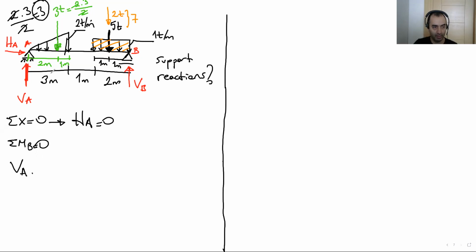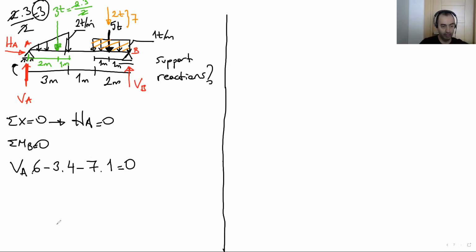VA times totally 6 meter. This is positive now. Here I have 3, in negative direction, 3 times what? 2, 3, 4 meter. So come here again, minus 7 times 1 equals 0.